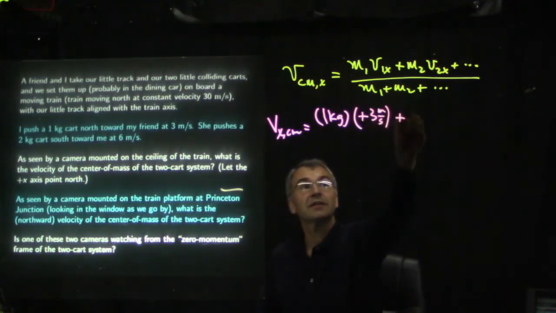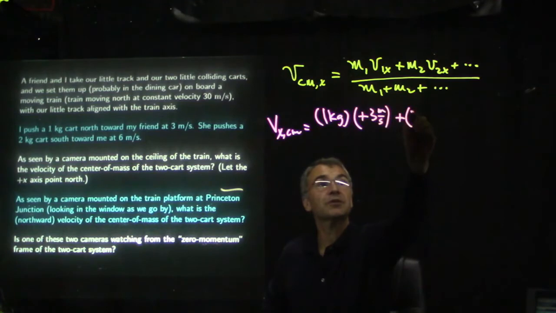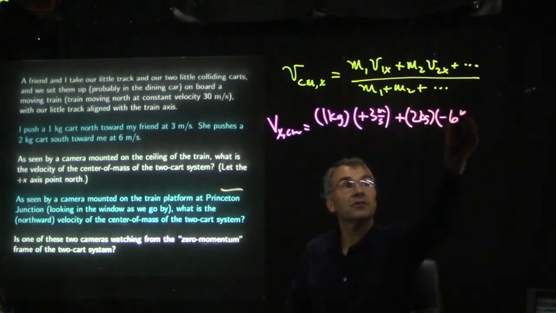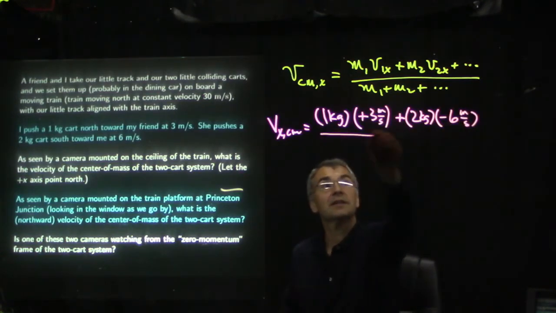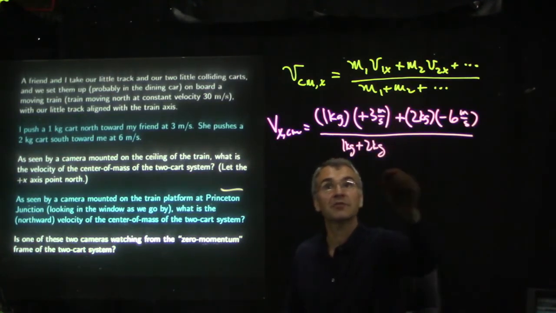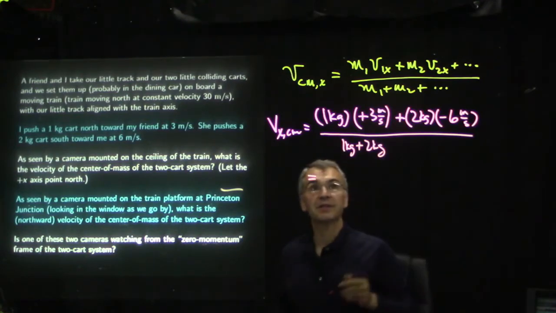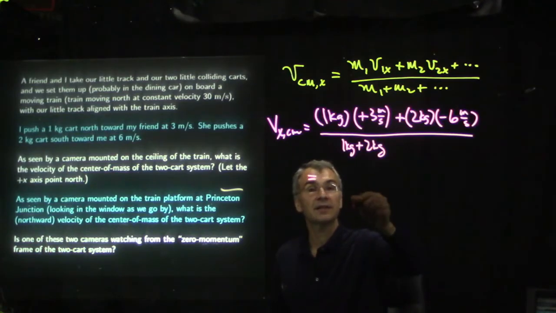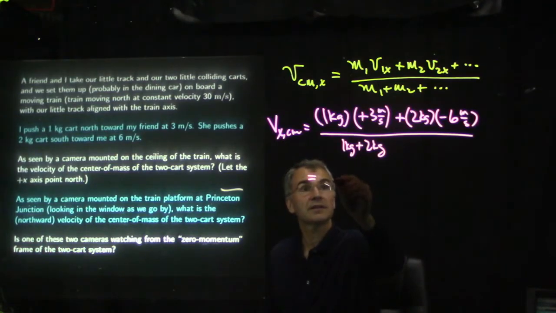And then she pushes a 2 kilogram cart, and south is minus x, so that's minus 6 meters per second. And then the sum of the two masses is 3 kilograms. 1 kilogram plus 2 kilograms is going to be 3 kilograms. So this will be plus 3 minus 12, so that's minus 9, so that's minus 9 divided by 3.